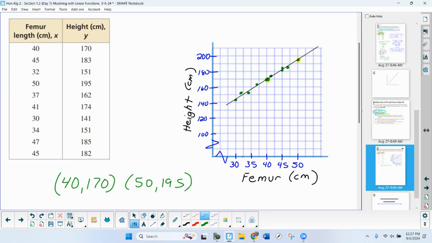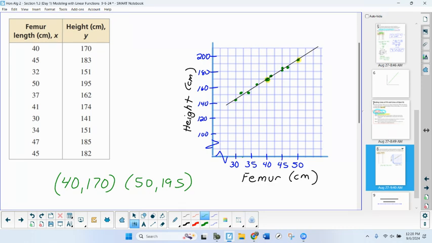I don't even know that I'm really going to finish this whole problem, because at this point, I would think you guys could take these 2 points and find the slope. Use the slope, use one of the points, find the y-intercept. Write the equation of the line. Now, what you get and what I get could be different.